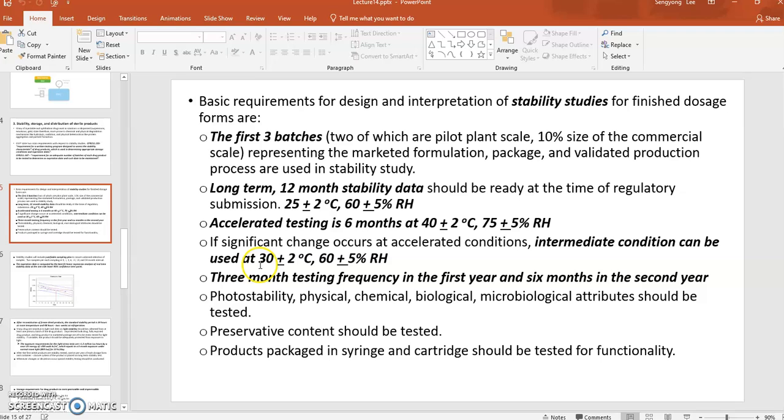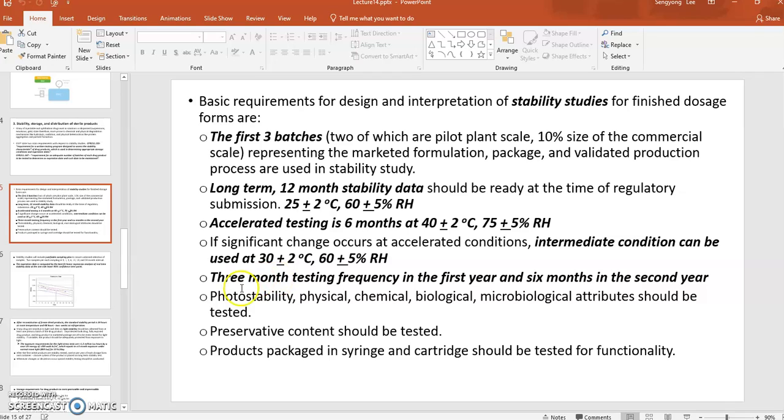It's about 30 degrees plus minus 2 temperature and 60 plus minus 5% humidity, the same humidity level, but the temperature is raised about 5 degrees higher. So intermediate condition can be used. The testing frequency is every 3 months in the first year, and every 6 months in the second year. That's what it means.